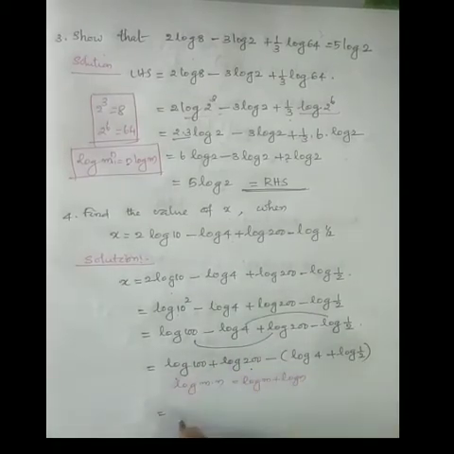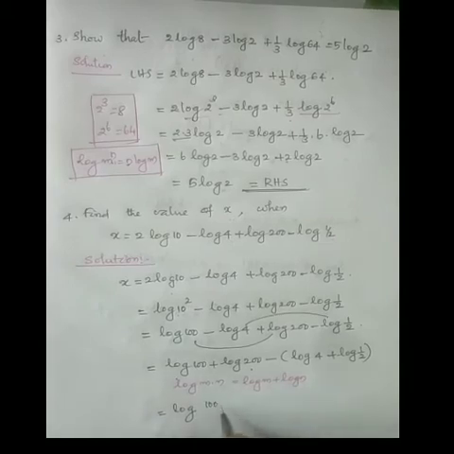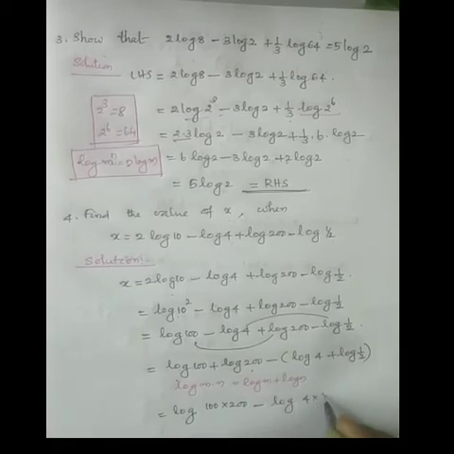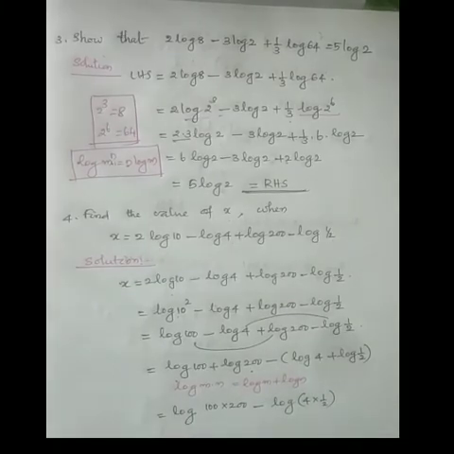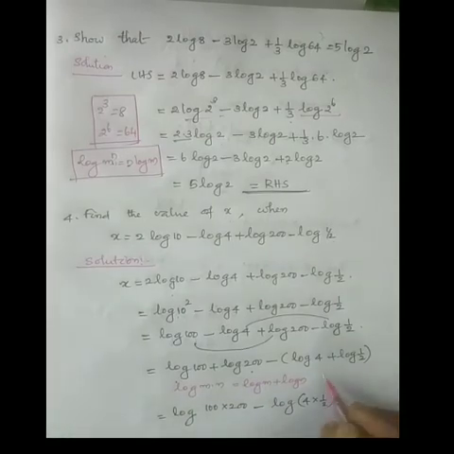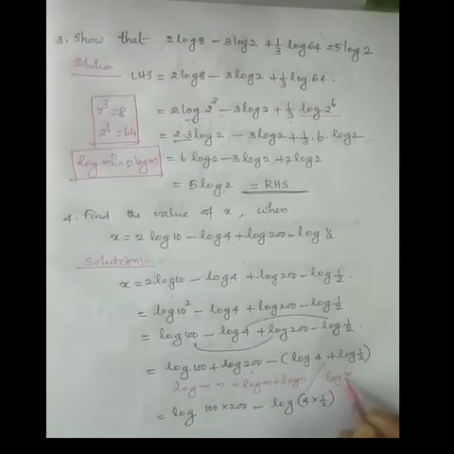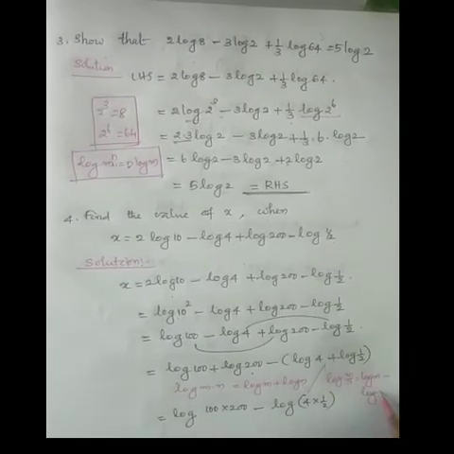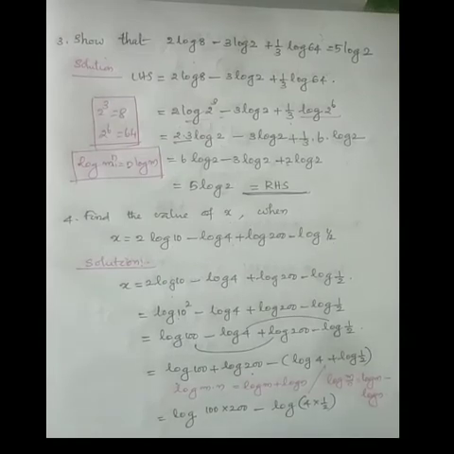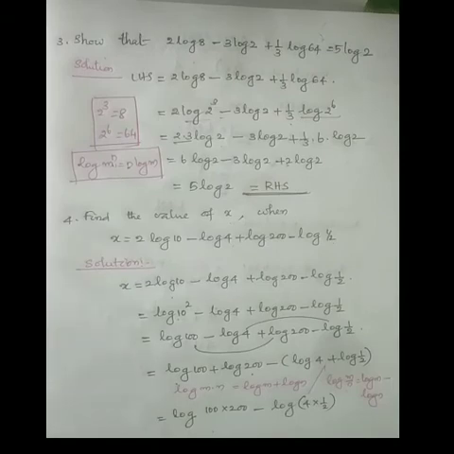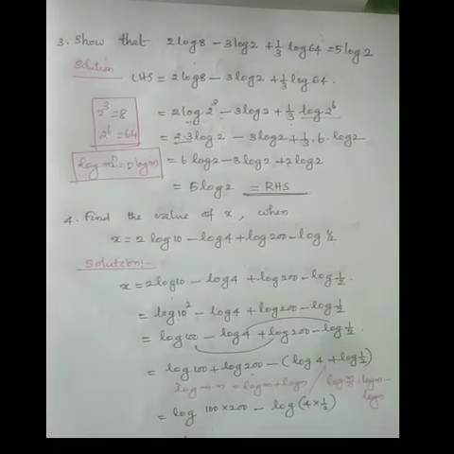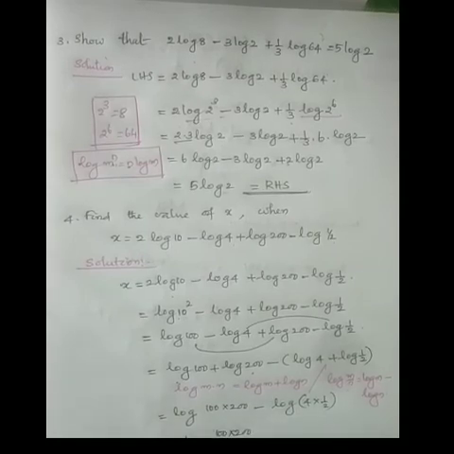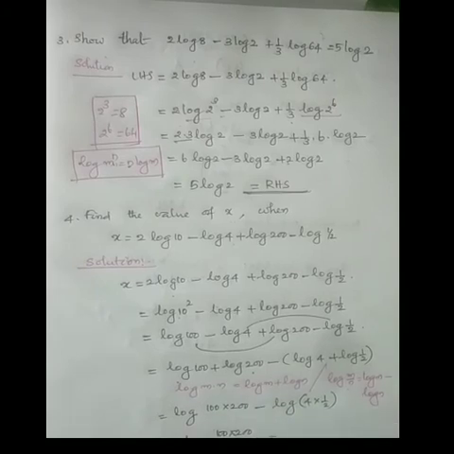So this is equal to log 100 into 200 minus log 4 into 1 by 2. Also we know that log m minus log n is log m by n. Using this identity, we can rewrite this as log 100 into 200 divided by 4 into 1 by 2, and 4 into 1 by 2 is 2.